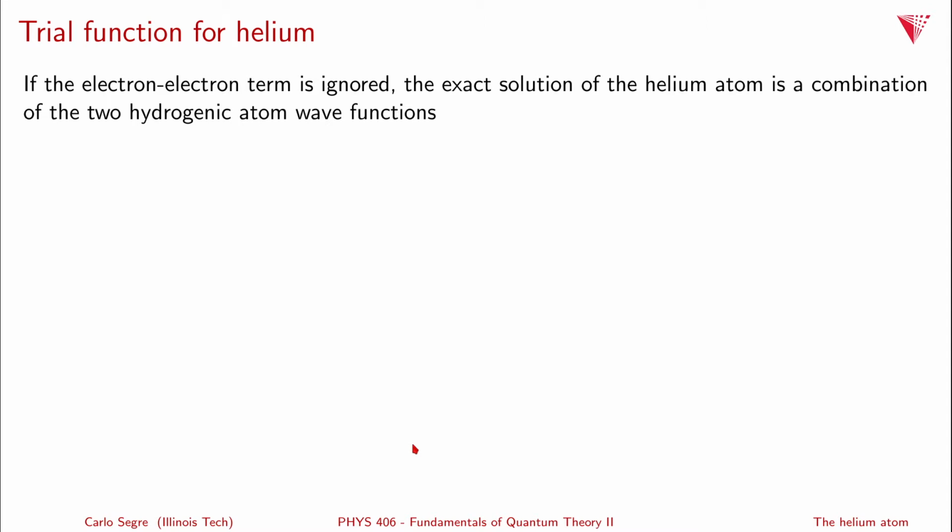So, if we ignore this electron-electron interaction term, the exact solution of the helium atom is just a combination of the two hydrogenic wave functions, right? So the ground state of the helium atom depends on R1 and R2.